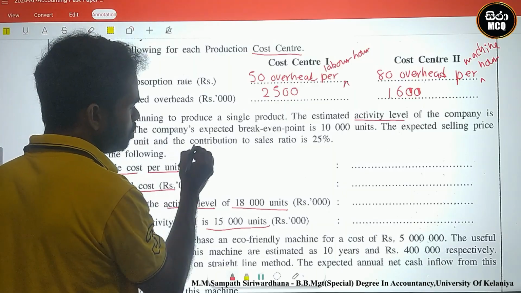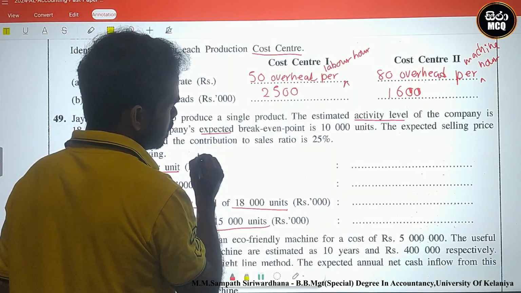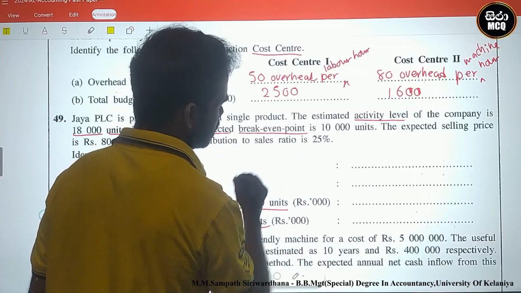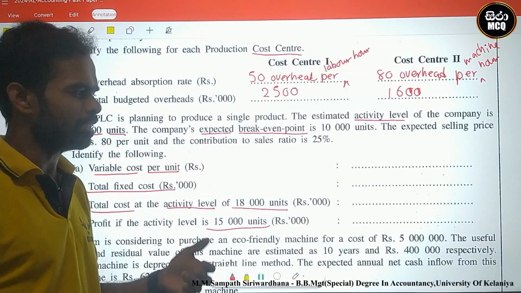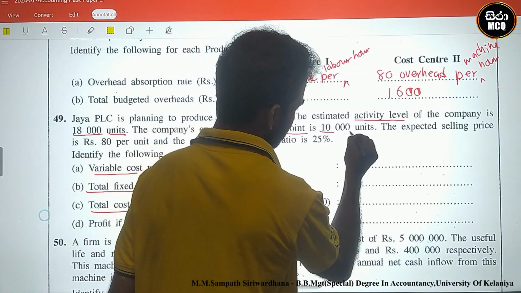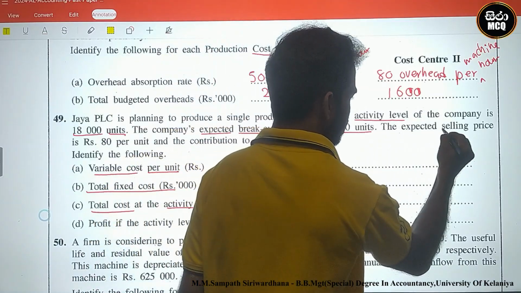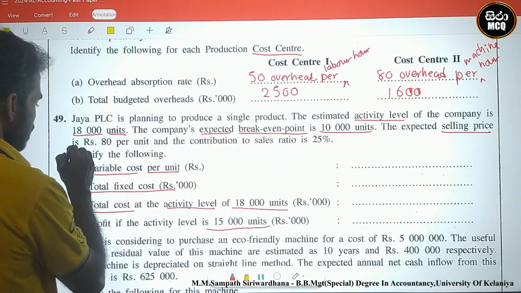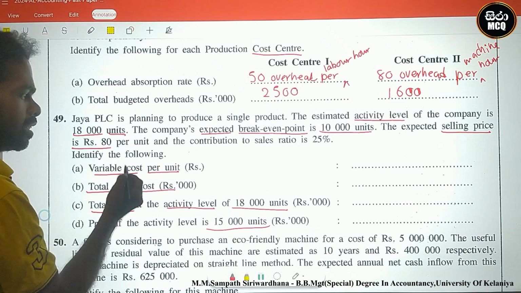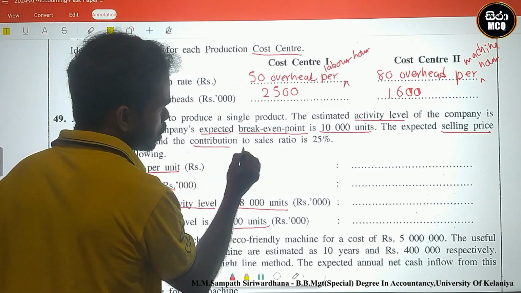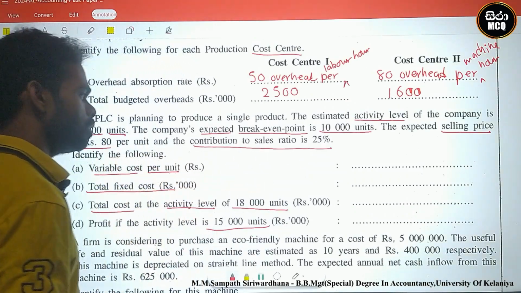The company's expected break-even point, they already calculated. Break-even point is 10,000 units. The expected selling price is 80 per unit and the contribution to sales ratio is 25%.